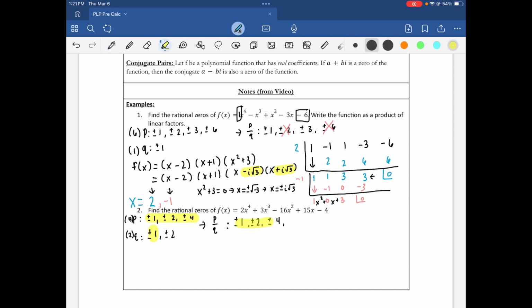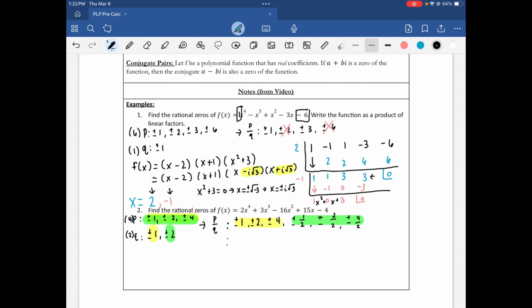So these all come from the yellow highlighted. And then I'm also going to have all of those over 2. So I'm going to have plus or minus 1 over 2, plus or minus 2 over 2, and plus or minus 4 over 2. Now, of course, with math, you can reduce those down.